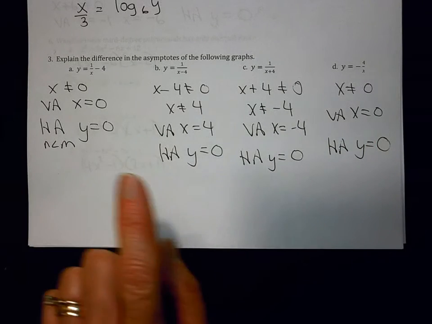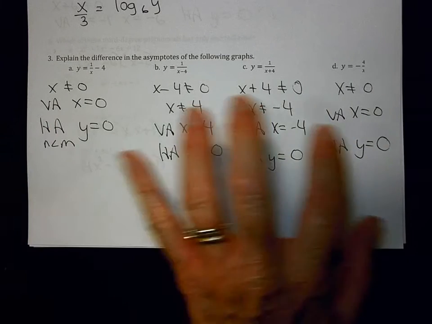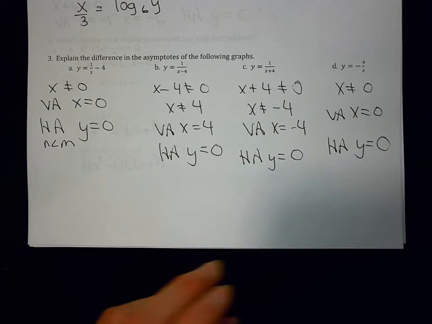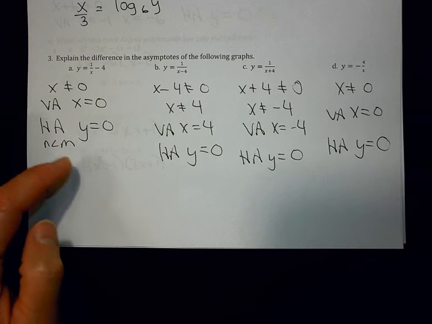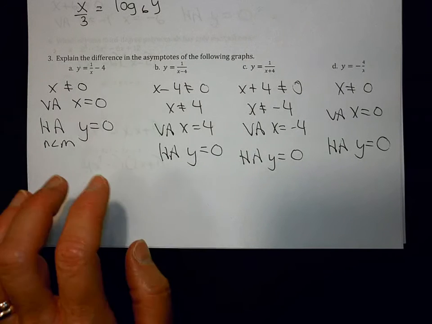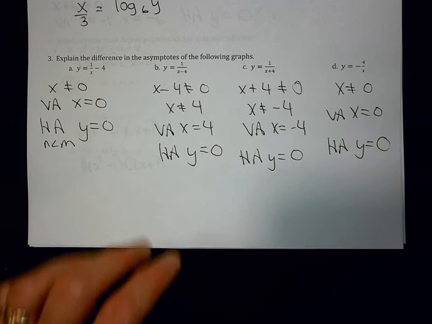So the differences are these two have vertical asymptotes at 4 and negative 4. These two have the zeros. Horizontally, the asymptotes are all the same, because the top degree is less than the bottom degree, so the horizontal asymptotes are all y is equal to 0.